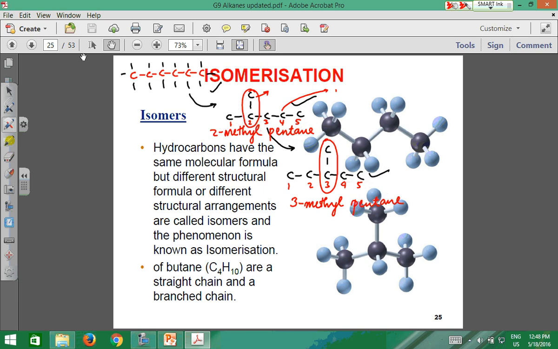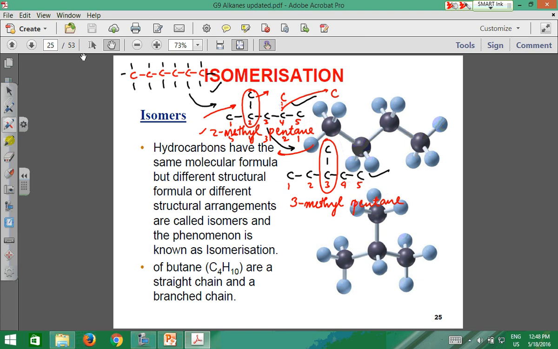If you write another carbon on this side, maybe like this, it is the same as this, because the numbering will be done from this side, since we are giving importance to the functional group. If the functional group is here, then I will start counting from here: 1, 2, 3, 4, 5. But here, if you go from this side or from this side, it will be the same. So it is 3-methylpentane, and so we have got 3 isomers.